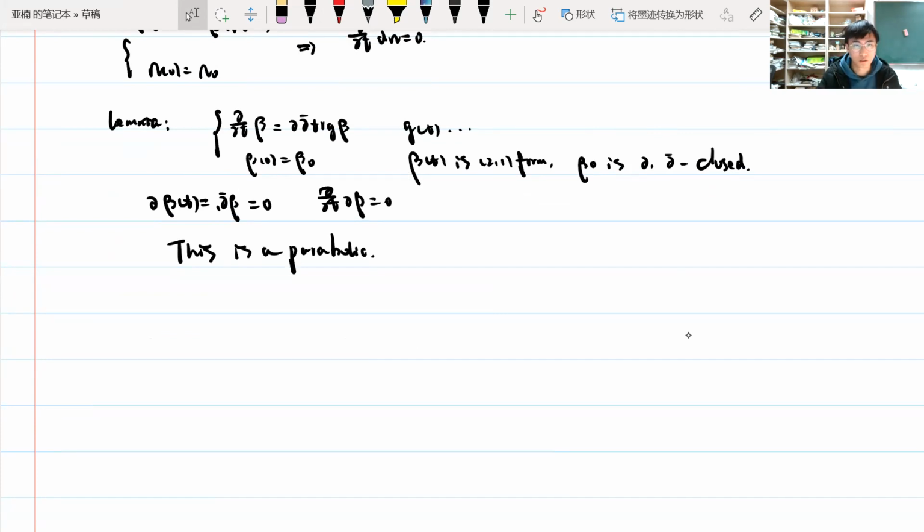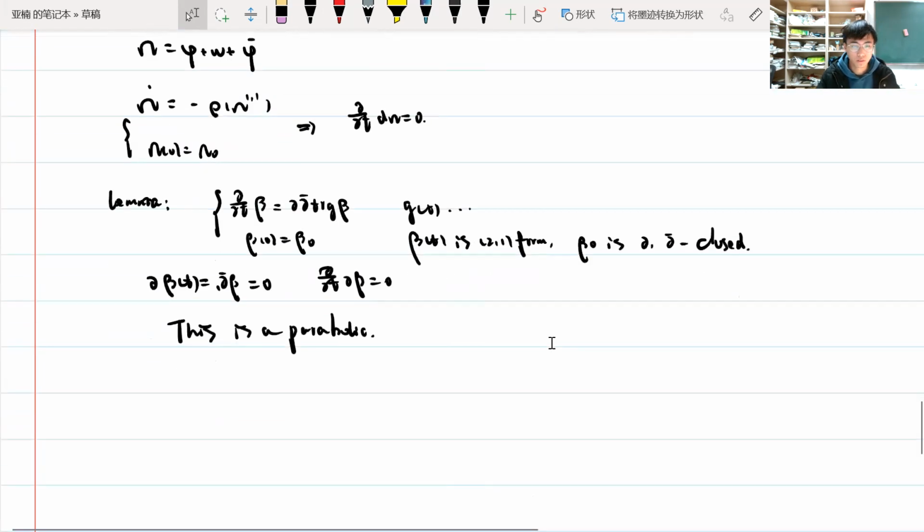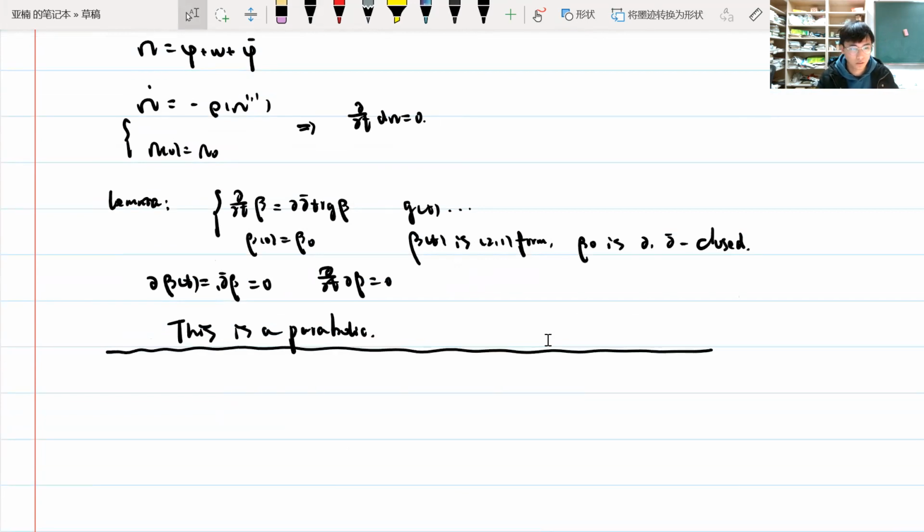And I'd like to skip the proof. If we have this lemma, then we can see that the evolution of the 1,1 part is a closed flow, and its torsion or its d omega satisfies d bar star omega.